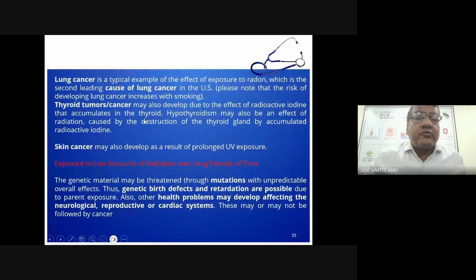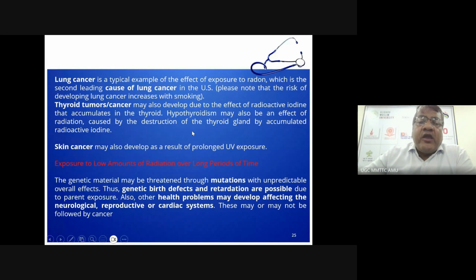So, for the people who are living in the radioactive area, to counter this radioactive iodine, iodine is given in their diet. Iodinated salt is given in their diet, so they have less effect of the radioactive iodine.